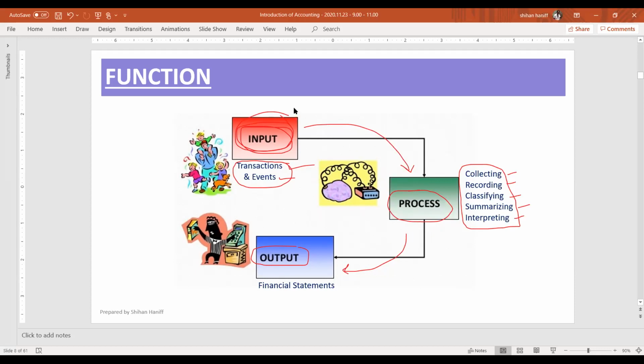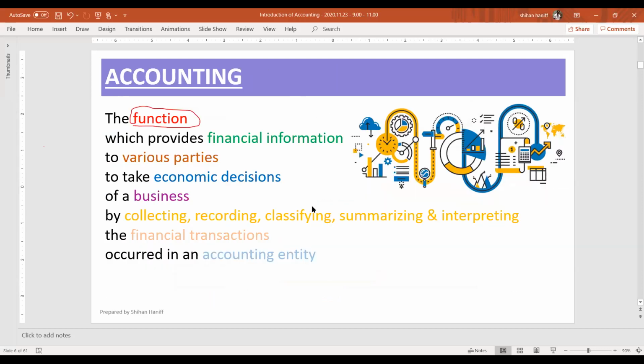And finally, the output of accounting is financial statements. So what is the input of accounting? Transactions and events. What is the output? Financial statements. Remember these things. So accounting is a function.